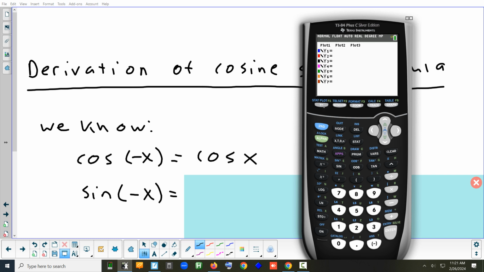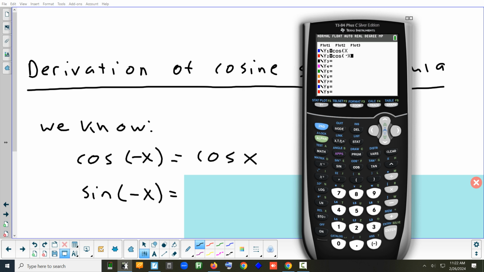And that's because if you graph cosine x and cosine negative x, what is that negative doing? Just reflecting. It's a reflection over which axis? The x. Right? It's horizontal.